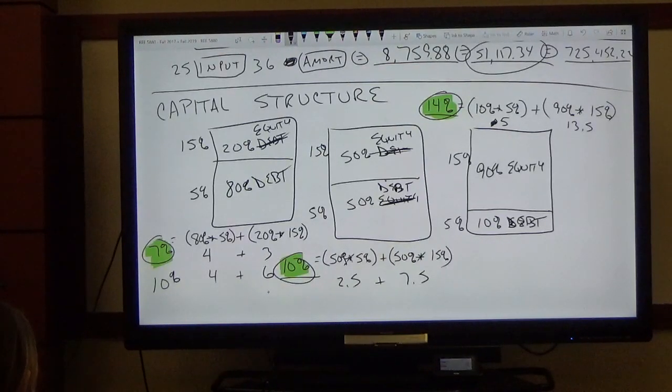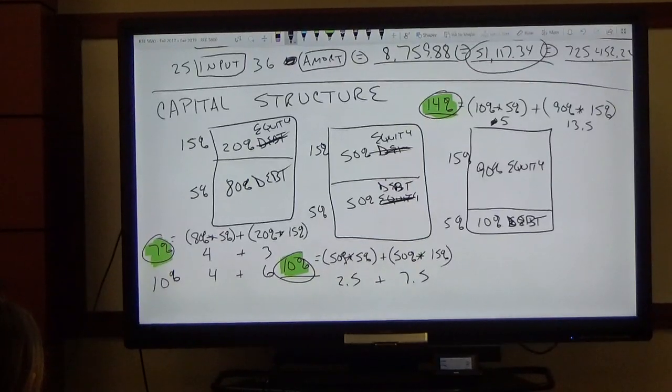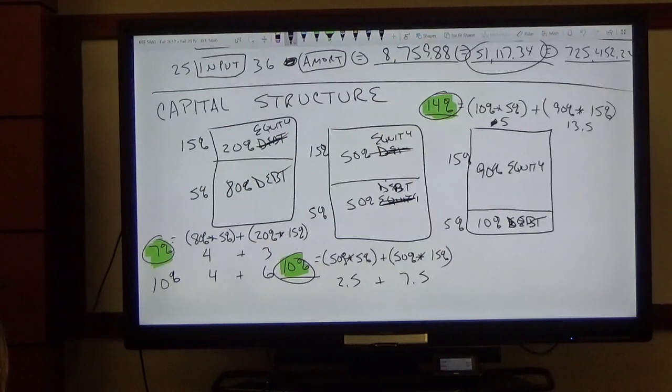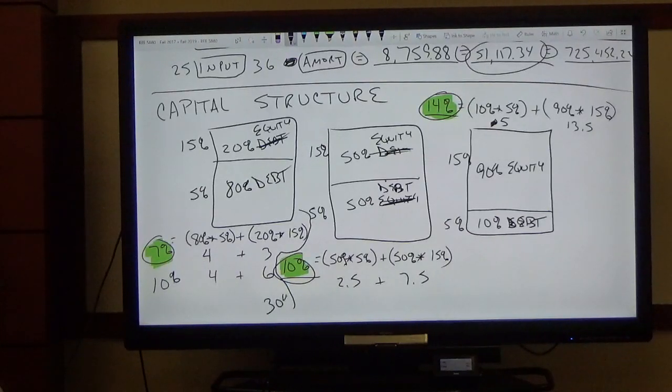Does that make sense? 4 plus 6 is 10. Then we would take the 6 divided by 20, and all my stuff here is getting kind of messy, but that would give us a 30% return on equity. Does that make sense? Just working the backwards math to get there.